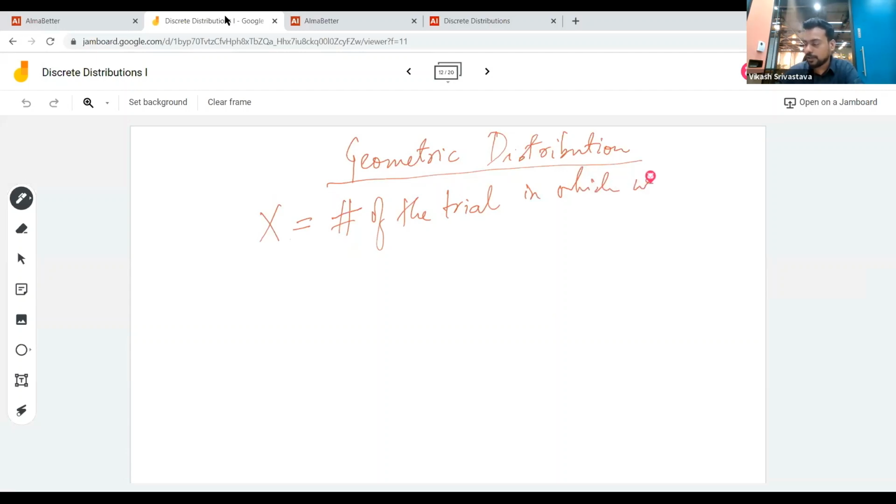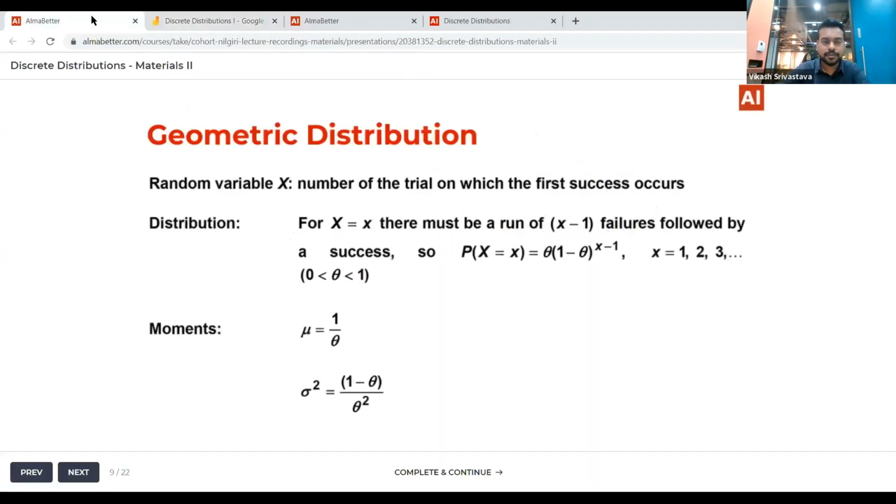We're not even concerned about the second success, we're just concerned about the first success. So this p(x) is defined as theta times (1 minus theta) to the power x minus 1, where x can take values 1, 2, 3, etc.